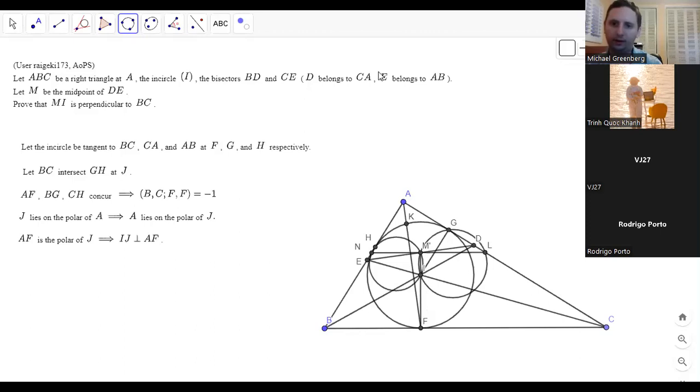Angle EID is 135. And so BEI is similar to BAI. So if that's 135 degrees, then BEI is similar to BAI. And so that would give us some of the angles we want. Yes, I think that will do it.